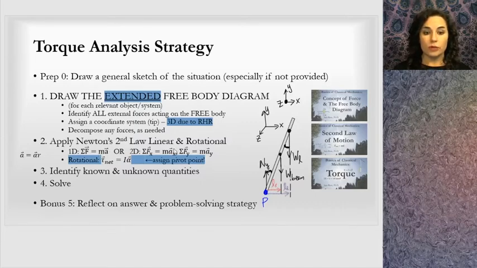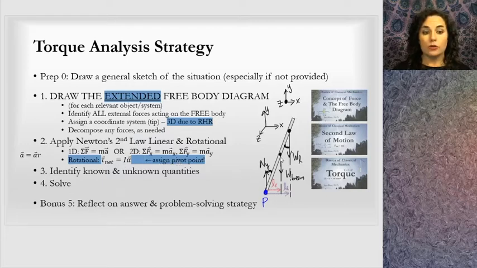If you have 2 dimensions, you can do an analysis in the x direction separate from an analysis in the y direction, similar to what you've learned applying Newton's second law of motion for linear. The addition for torque analysis is doing the rotational version of Newton's second law, where you write out net torque equals I alpha. In this situation, you will assign a pivot point on your free body diagram, which is the center of the circular motion.